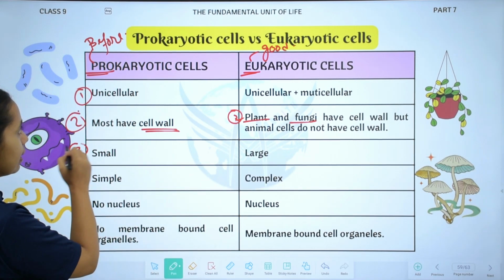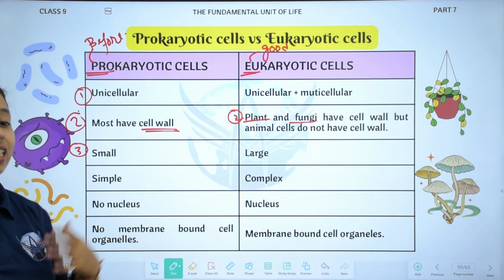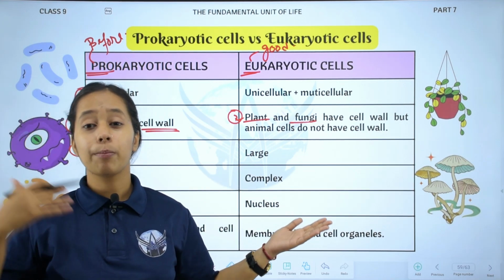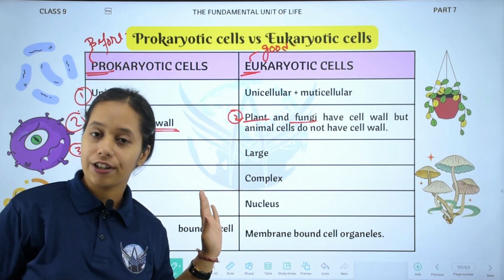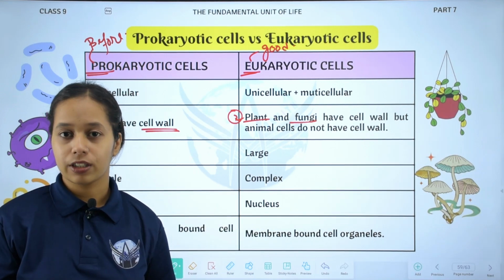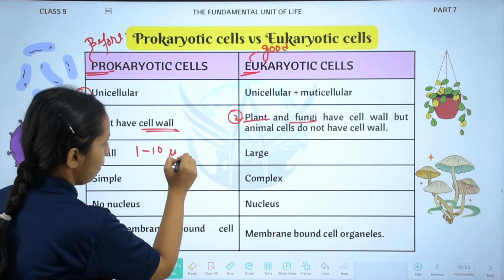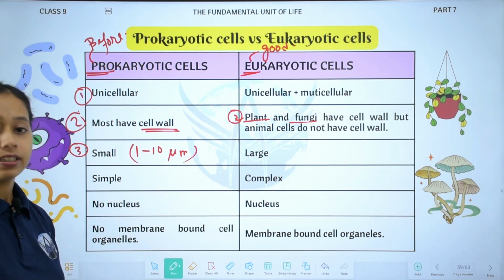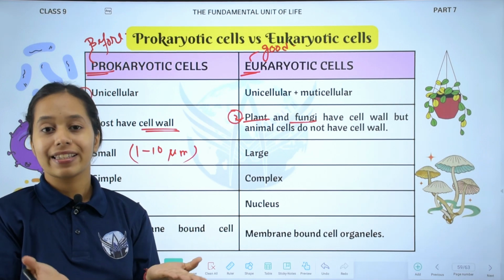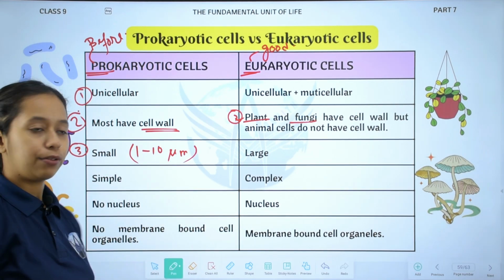Our third point is that prokaryotic cells are small and eukaryotic cells are comparatively larger. How small? To what extent? They are 1 to 10 micrometer small. The size ranges from 1 to 10 micrometer.